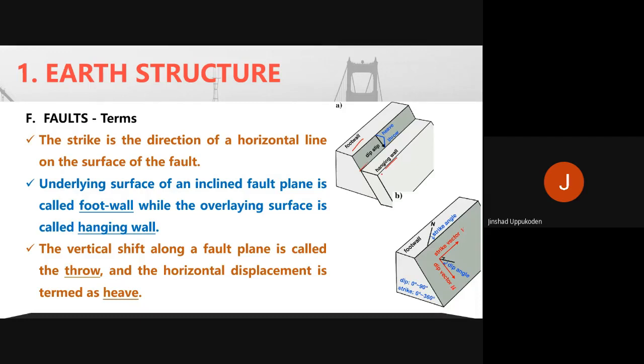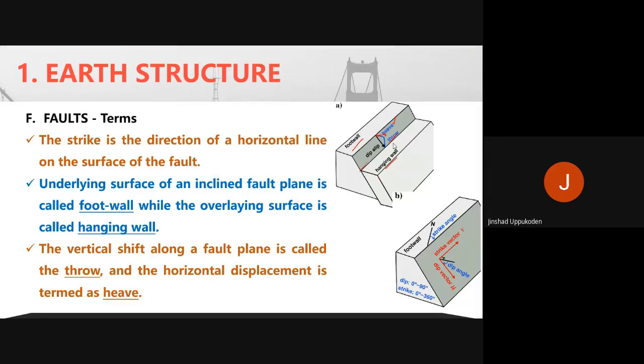Now the vertical distance between the two walls is called the throw, and the horizontal distance is called the heave. The vertical displacement that has occurred is called the throw, and the horizontal displacement is called the heave.